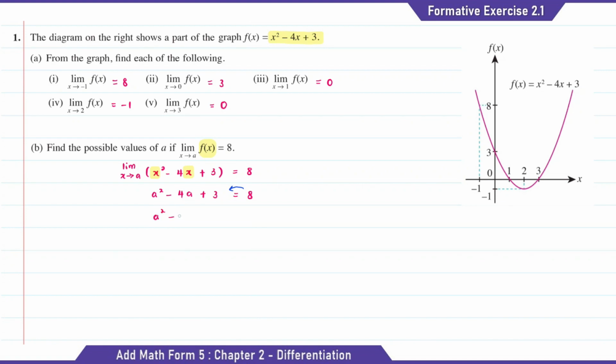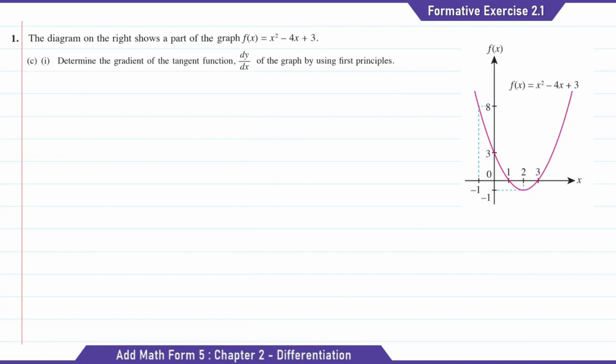Therefore, this will be a squared minus 4a, 3 minus 8 is negative 5. This is equal to 0. By using the factorization method, next we're going to get a plus 1 and a minus 5. This is equal to 0. Therefore, a is equal to negative 1 and a is equal to 5.